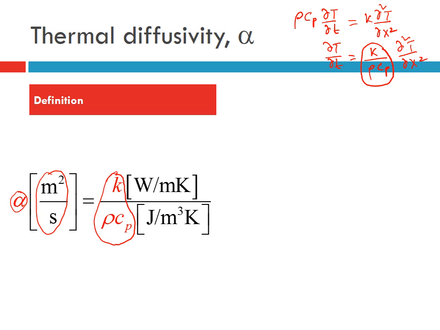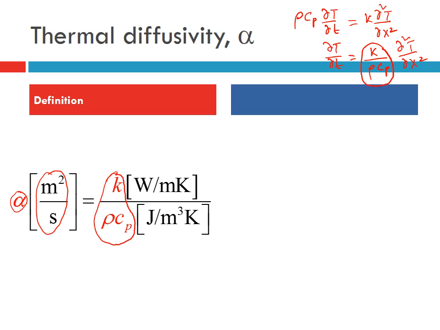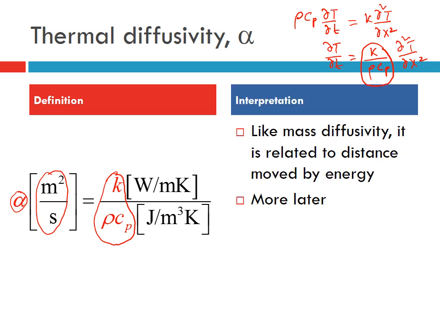It is actually analogous to mass diffusivity. Many of you know of just molecular diffusion processes, mass diffusivity. This is very analogous to that. Like mass diffusivity measures how much things have moved, so thermal diffusivity measures how much the energy front has moved.